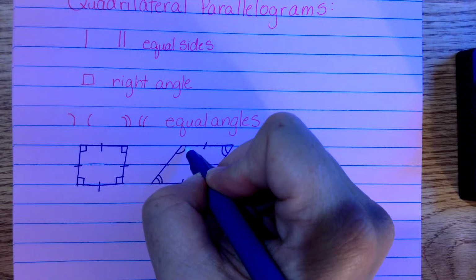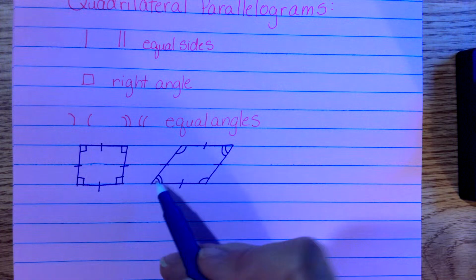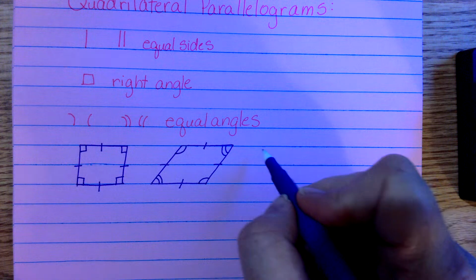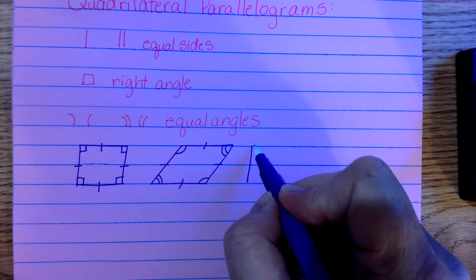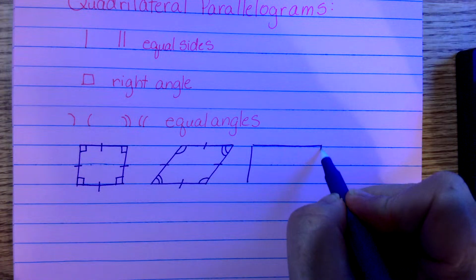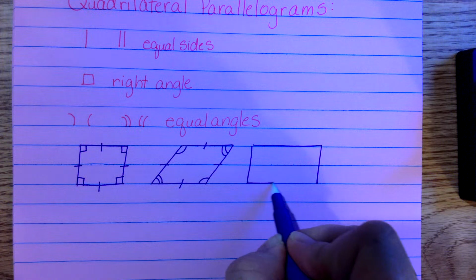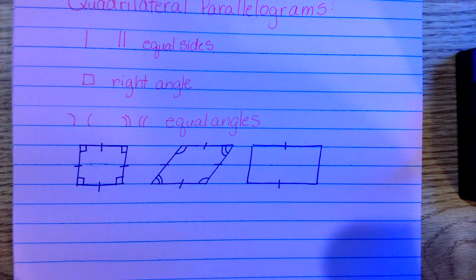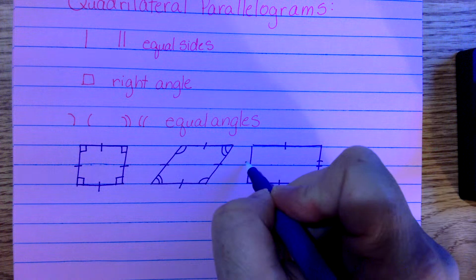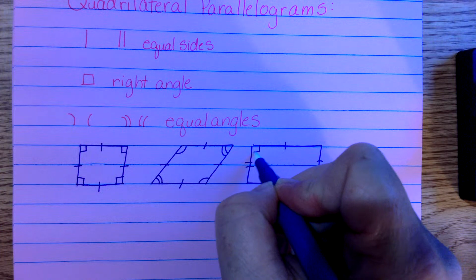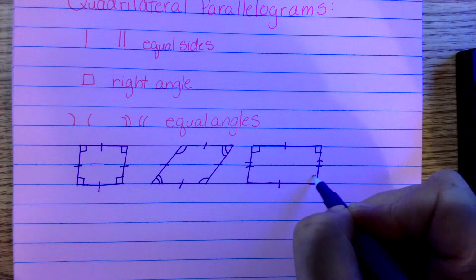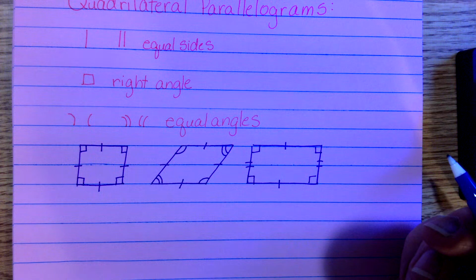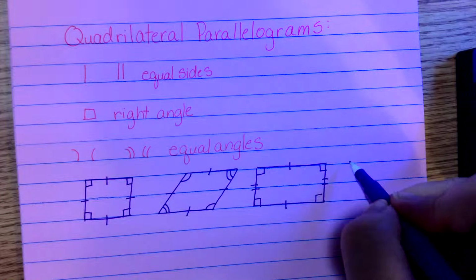So notice the ones with only one curve are the ones that match, and the ones with two curves match each other. All right, and then we have our rectangle. So we have two sides that match, two sides that match, and then we have four right angles. So these are our quadrilateral parallelograms.